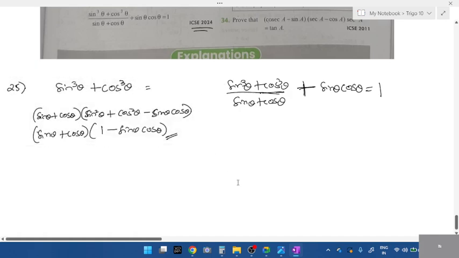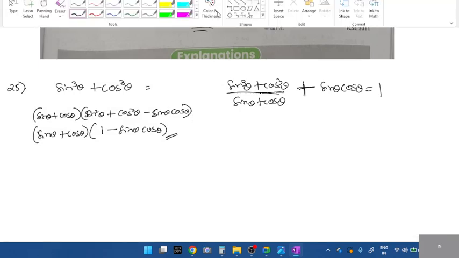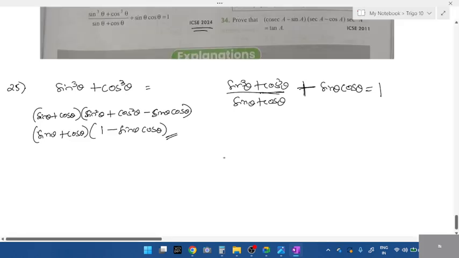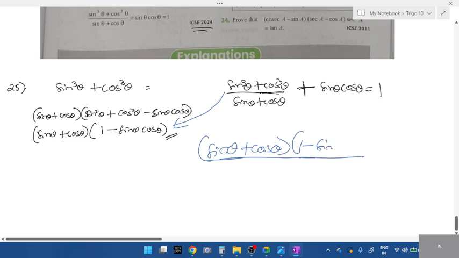So first part of the question is done. Tell me second part. Which one should I substitute? Which value can we substitute? Numerator value can I substitute? This one? Yeah, what should I write here? Don't write it, so look at the screen. Sin theta plus cos theta into what is given? 1 minus sin theta cos theta, divided by sin theta plus cos theta.